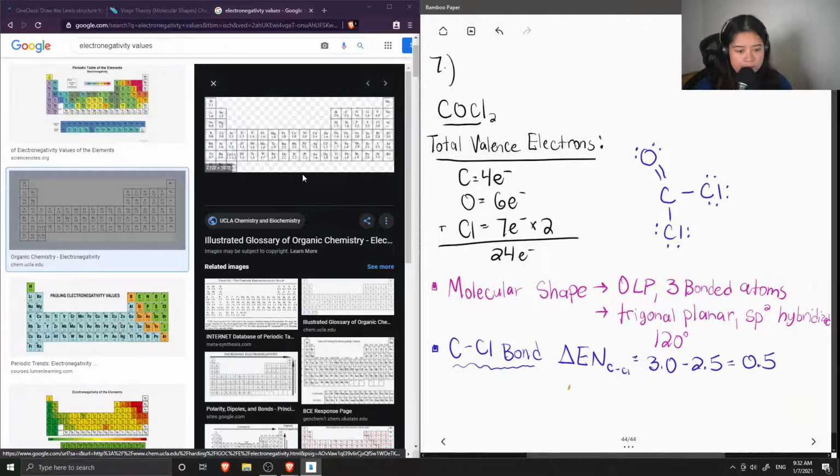And this means that the bond is polar. And we know a bond is polar when its electronegativity difference is greater than or equal to 0.5.